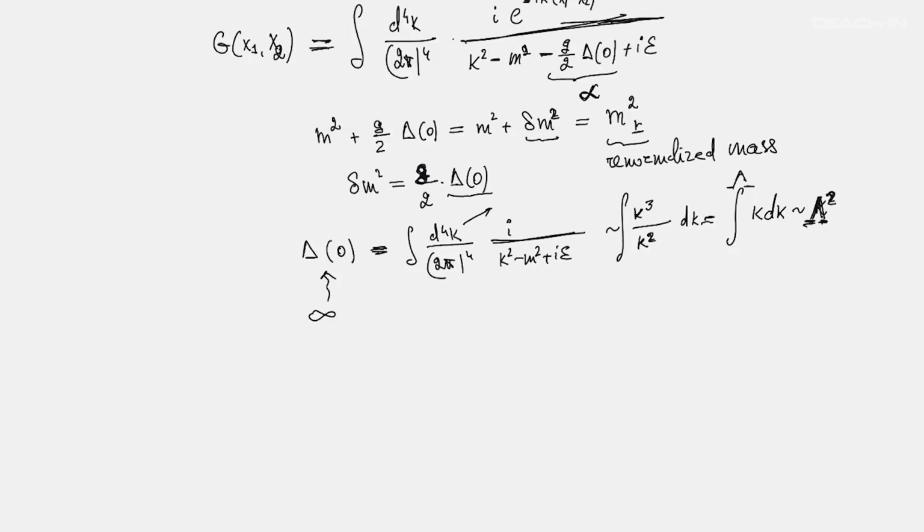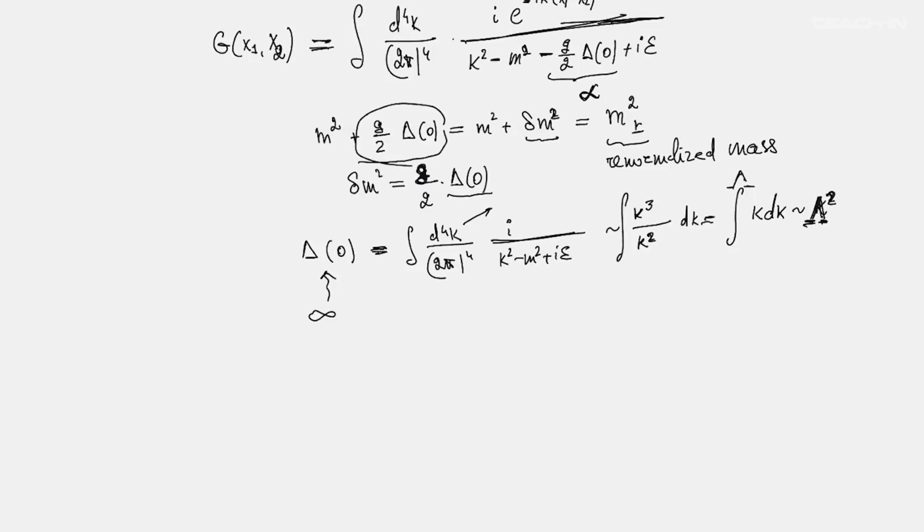But in fact, this is in accord with the basic idea of renormalization. A physical quantity like a mass is not the same parameter as stands in the Lagrangian. In the Lagrangian, originally we put some quantity which we call the mass squared, but we see that this m squared is getting shifted as a result of interaction. So it gets shifted by an amount, in the present case, g over 2 Δ(0). And in our case, this amount actually appears to be infinite.